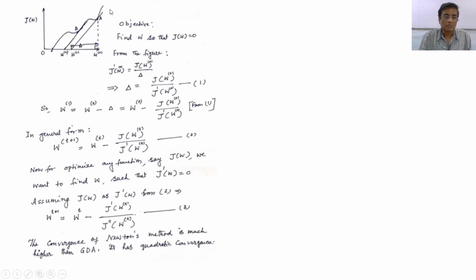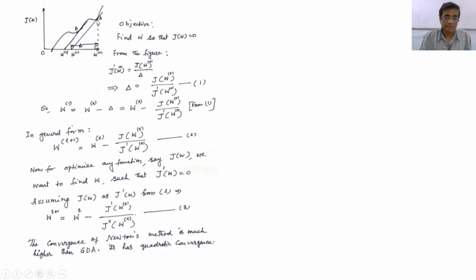If we could figure out for what value of W the function value becomes 0, then that value of W will be a solution to this function. And how to figure that out is an iterative method. Perhaps you have studied it earlier in your numerical methods class.